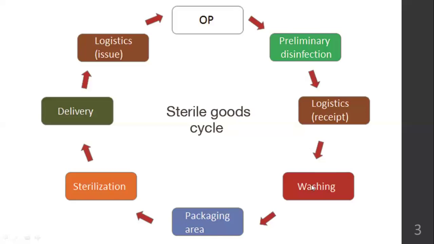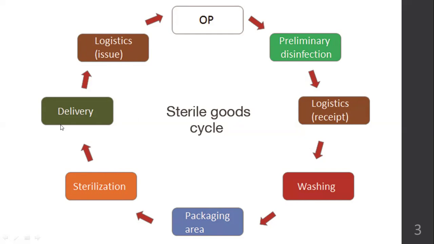Washing is done, cleaning is done, and then after drying it will be packaged, named properly, labeled properly. Then it undergoes sterilization or high level disinfection, whatever is required based on the classification. As and when there is a need, delivery is done.